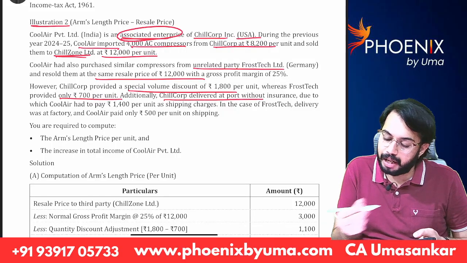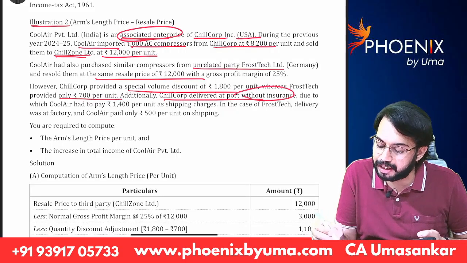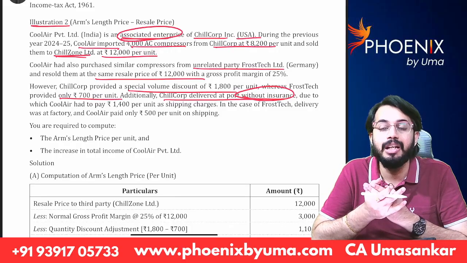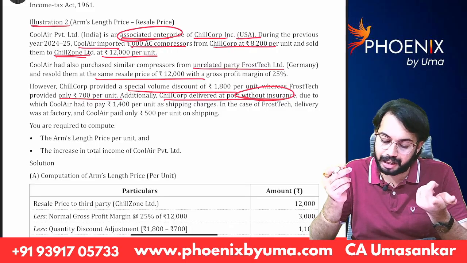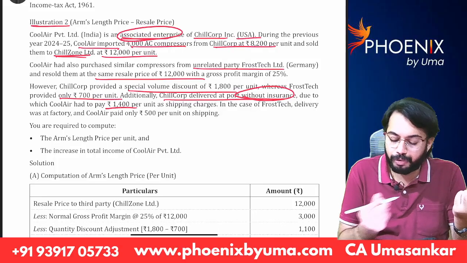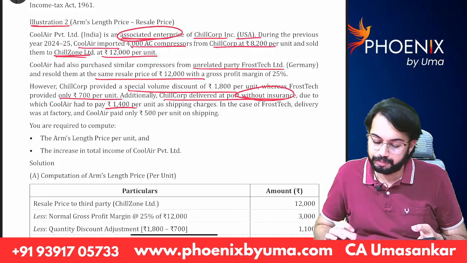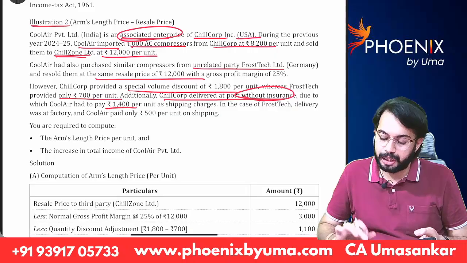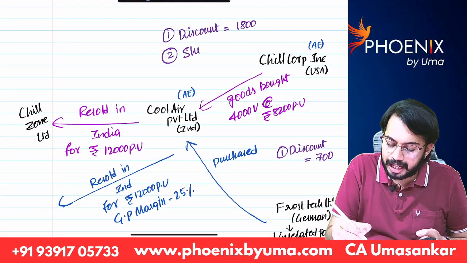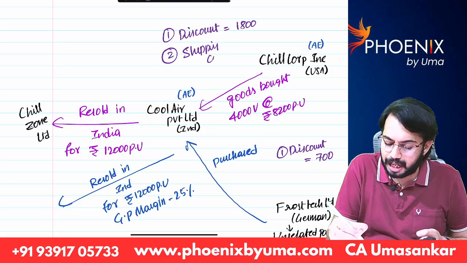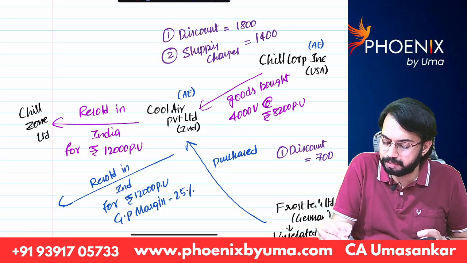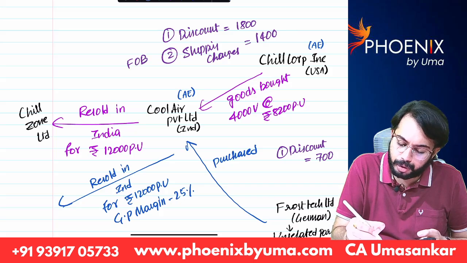Additionally, Chill Corp delivered at port without insurance. See, goods are delivered without freight and insurance. That means freight on board basis. On freight on board basis, the cost is 1,400 per unit. So second functional difference: shipping charges of 1,400, based on freight on board.